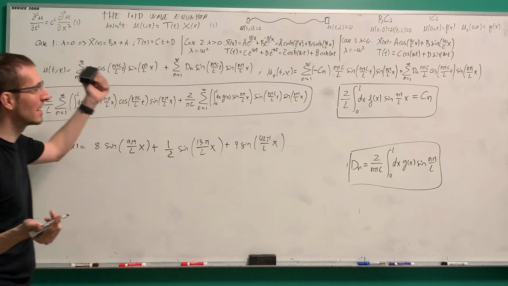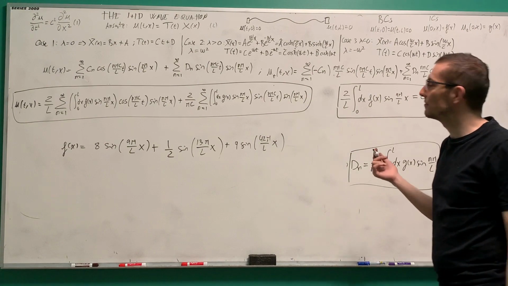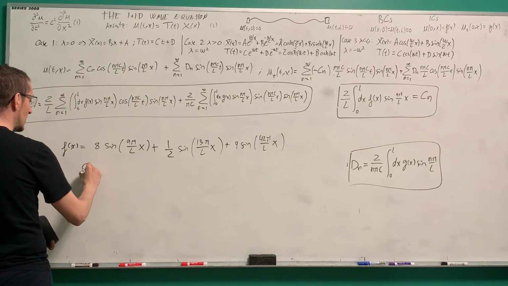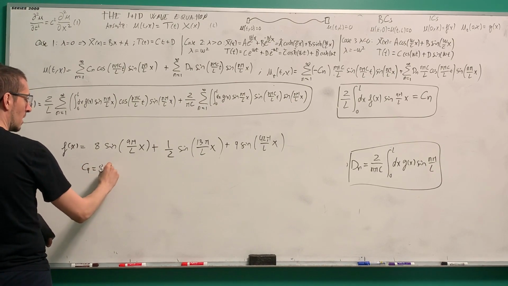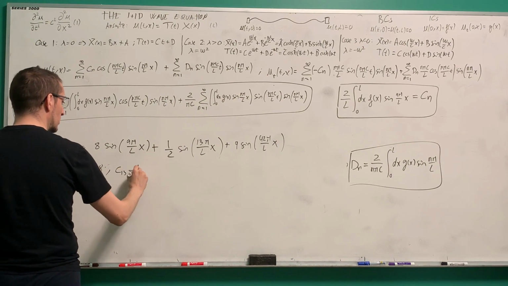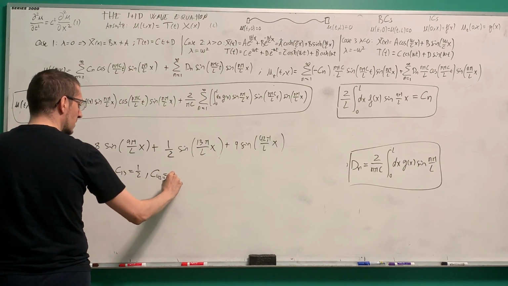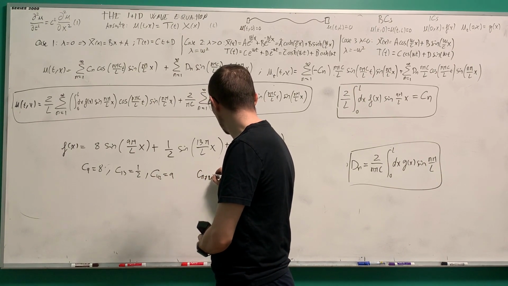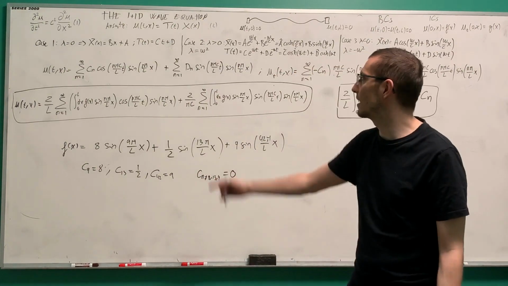We know the cn's, because the cn's are the coefficients of the sine series of f of x. This is a sine series, so we know that c9 is 8, c13 is 1 over 2, c42 is 9, and all the other cn's are 0. So we only have 3 summands in here.